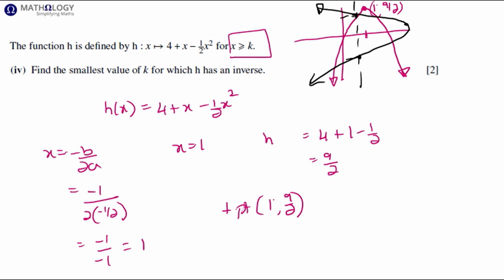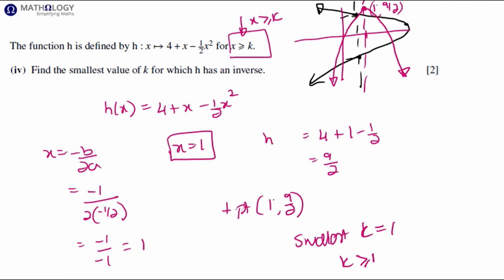So we need to restrict the domain of h of x such that the inverse function h to the minus 1 of x does exist. So we have to look at the axis of symmetry, x equals 1, and x is greater than or equal to k. So the smallest possible value for k is therefore 1. So you can also write this as k is greater than or equal to 1.